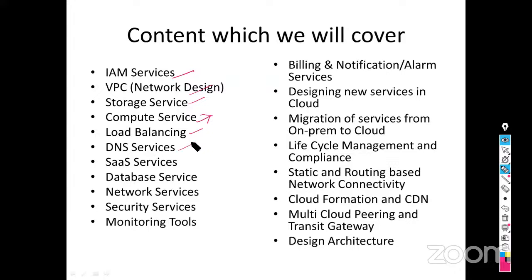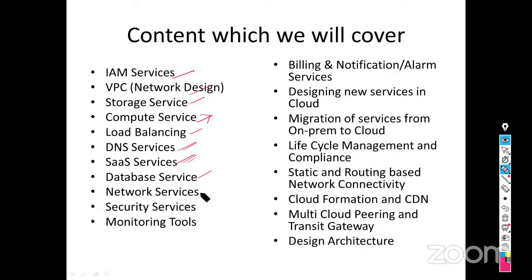Then DNS services and their records: A records, MX records, NS records, AAAA records. So every type of record. And if we have to perform load balancing or routing through DNS services, we will also cover that. Then we will cover what software as a service is and what services the providers are currently offering.